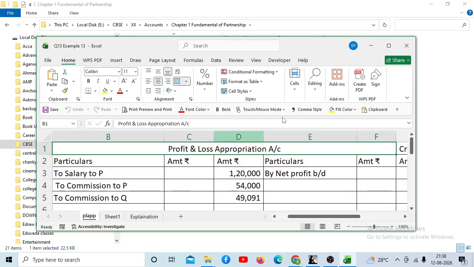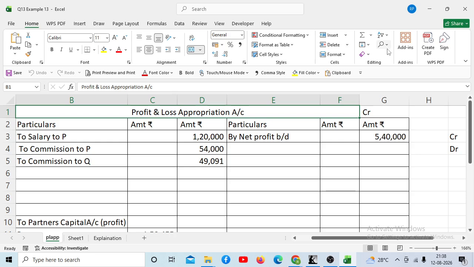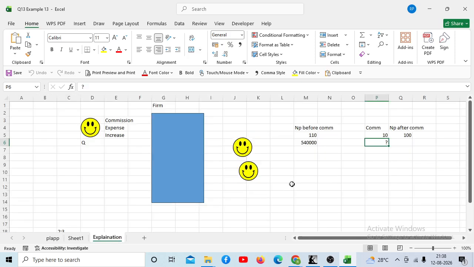Let me show it in some other account. Suppose here I am taking the partners as A and B. 50,000 interest is to be given to A and 30,000 interest is to be given to B, and the total comes to 80,000. This is the debit side amount of the appropriation account, right?